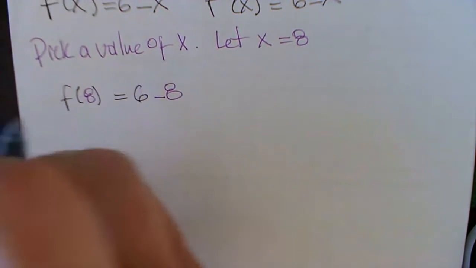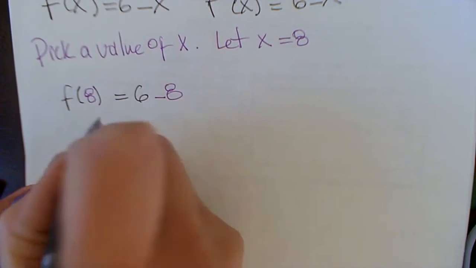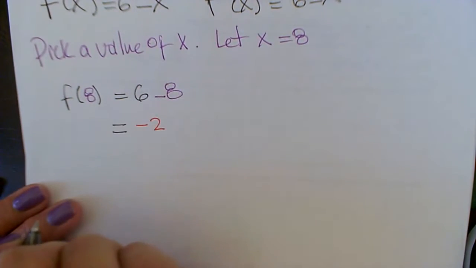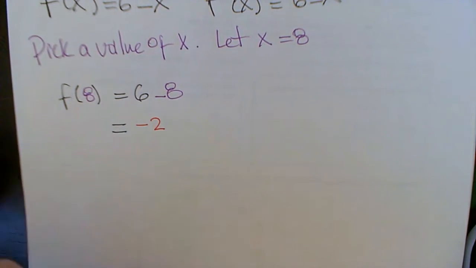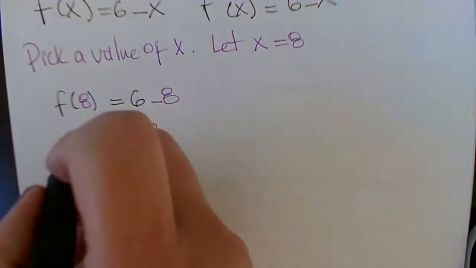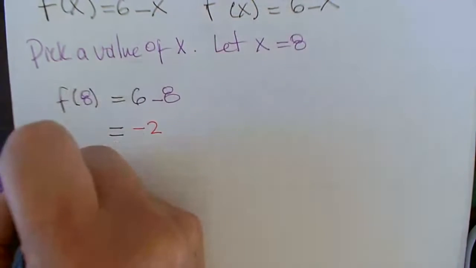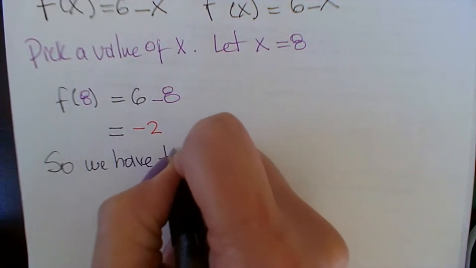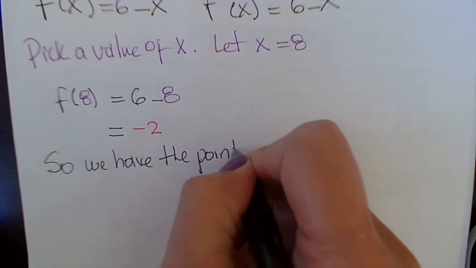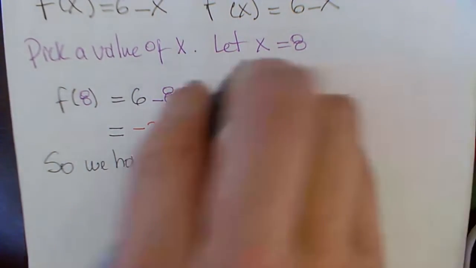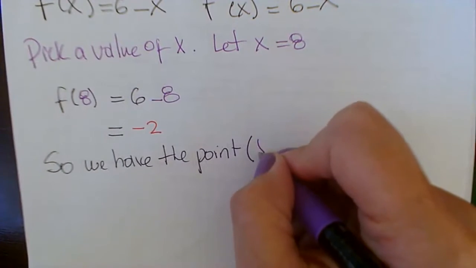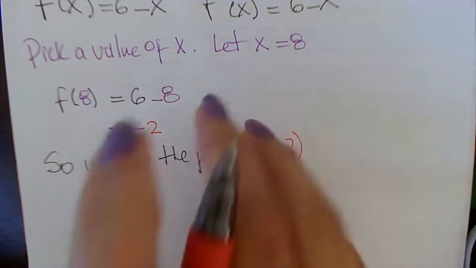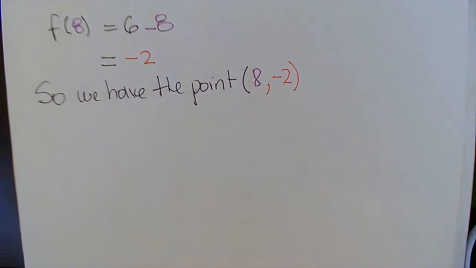Okay, so what do I have as an answer? -2. So I have the point 8, which was the one that I picked, and I got -2. Right?